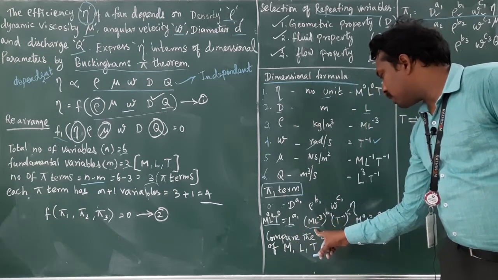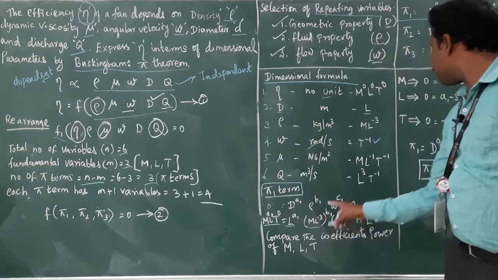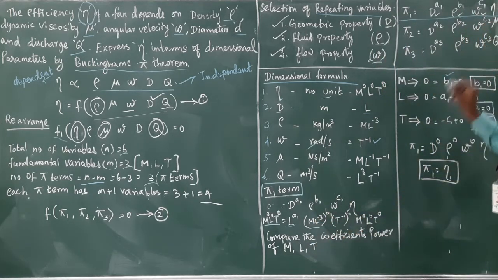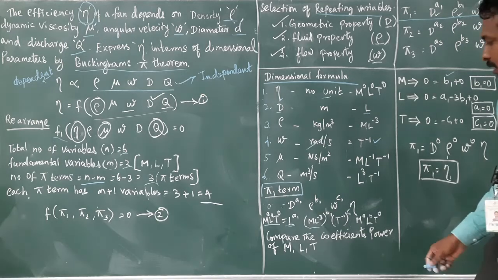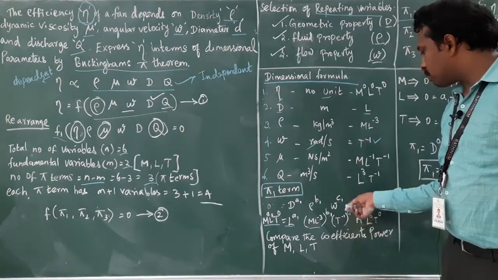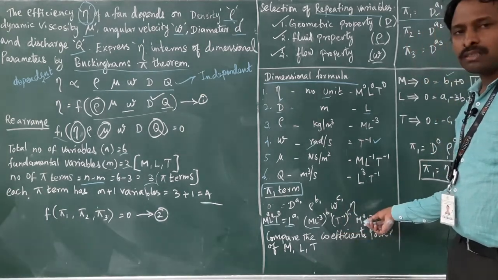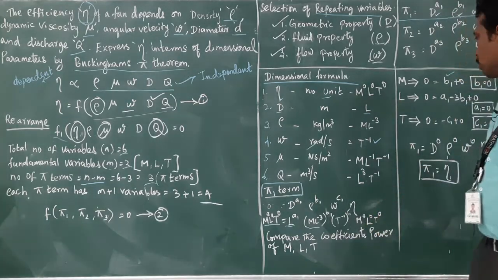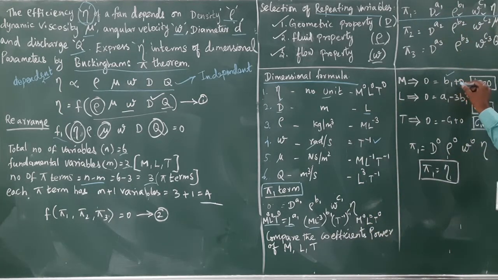Here M power is 1 to the power of b1, so I am writing b1. For the next terms there is no M power, so they get cancelled. So b1 plus 0 equal to 0, then b1 is 0.